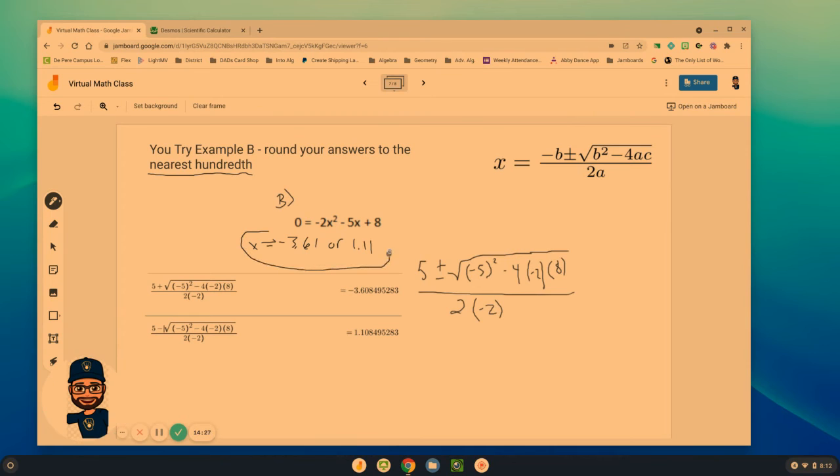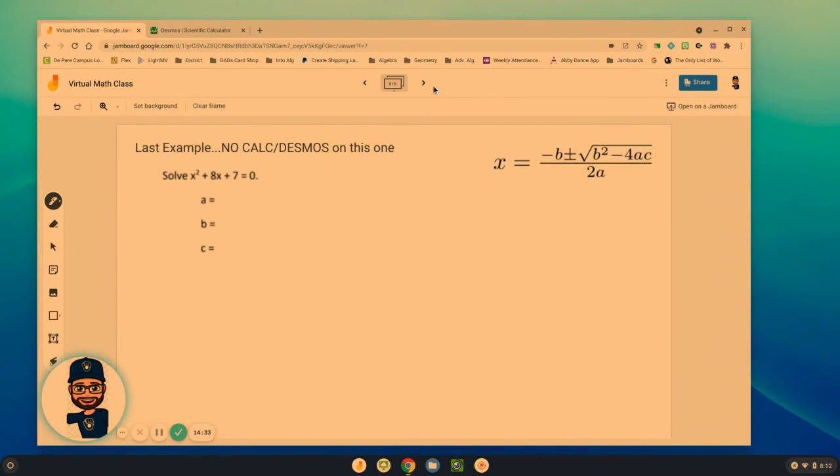So you do have the ability in quite a few of these to use Desmos to help you solve. However, there are going to be some where we ask you to do it with no calculator or no Desmos allowed. Same process, right? What is A from this problem? A is 1. What is B? That's 8. And what is C? That would be 7.